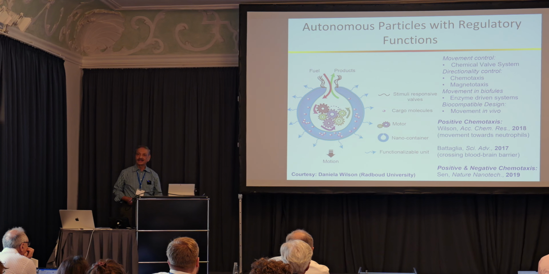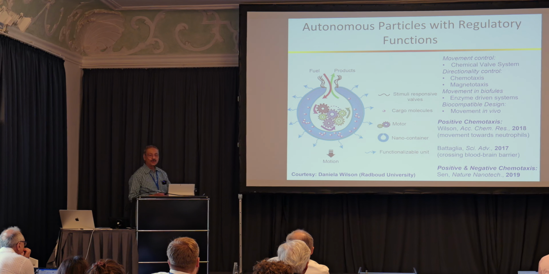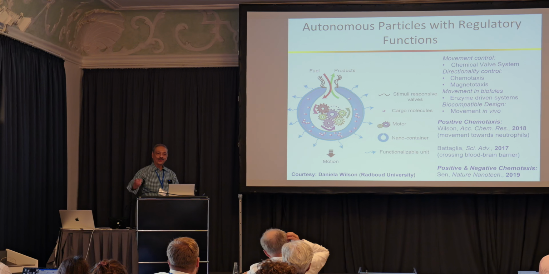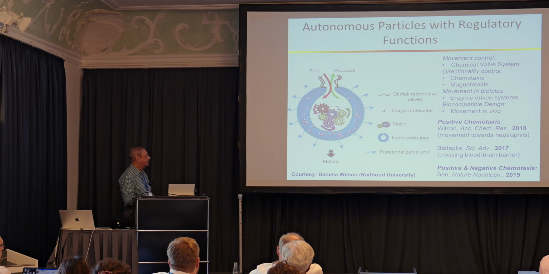It turns out, thank God, that our brain has more glucose than our blood. So if you use particles that are functionalized with glucose oxidase, for which glucose is a substrate, they will cross the blood-brain barrier looking for glucose.